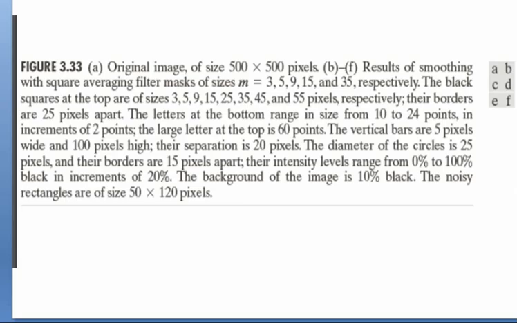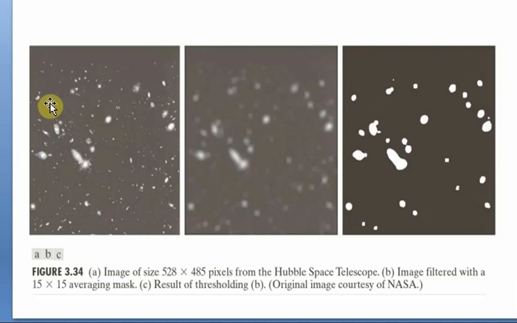Now observe here also. This is one image. Another one is if I take a 15 by 15 averaging mask, I can get an image like this. After thresholding, see this, some of the particular things. I need only this one. I don't want these small speckles or small parts.